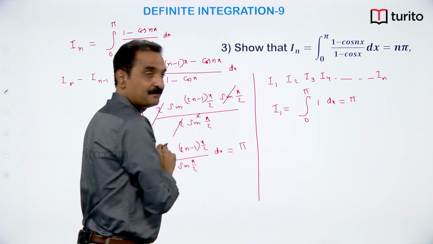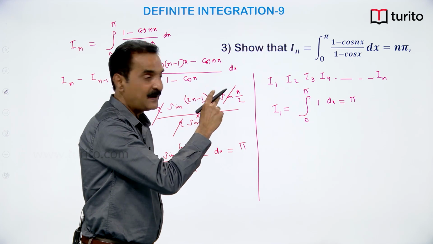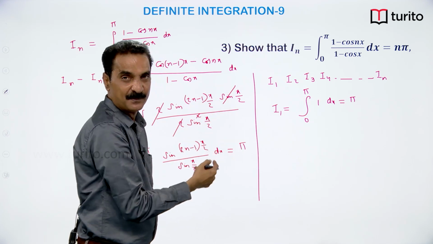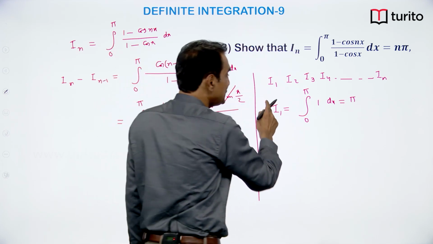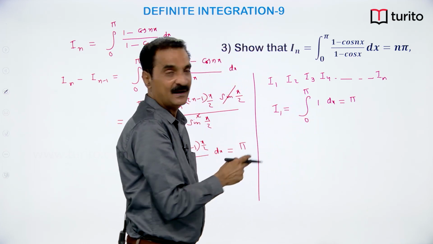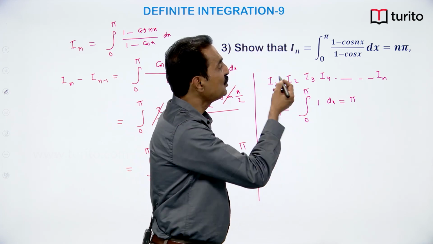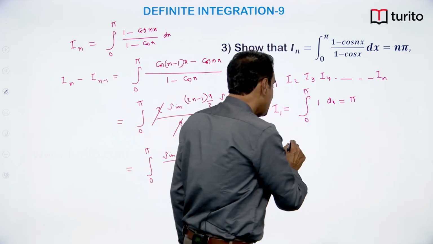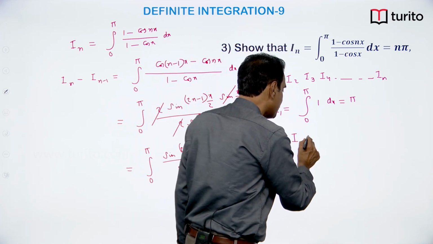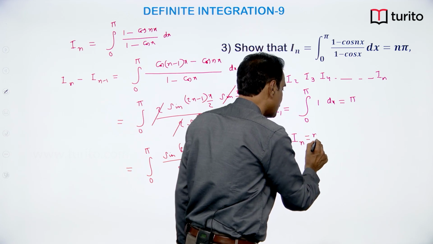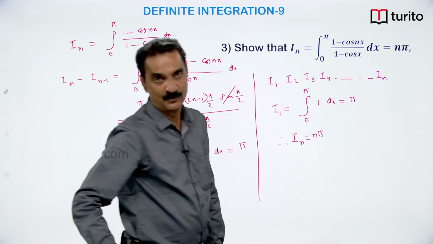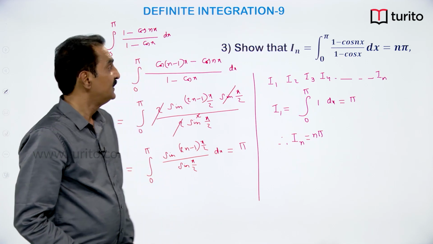Pi plus pi. Every integral increases by pi units. Therefore, if I1 is pi, I2 is 2 pi. I3 is 2 pi plus pi, 3 pi and so on. So, what will be In? In will be n pi. So, we have proved. Okay.